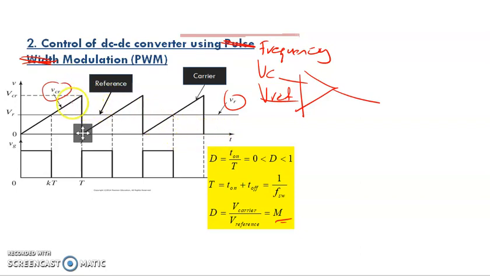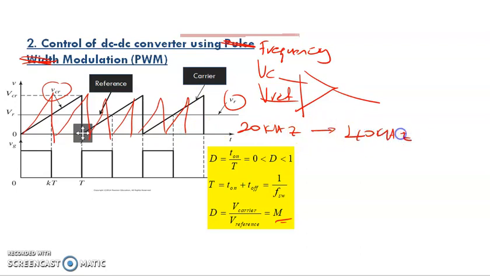So what happens is that we squeeze the sawtooth here. Instead of the frequency maybe being 20 kilohertz, we reduce the period into, let's say, higher pulses in one cycle. So it becomes 40 kilohertz like that.